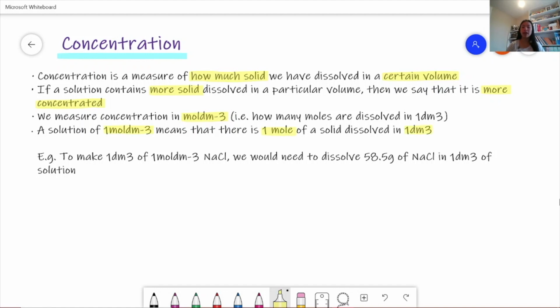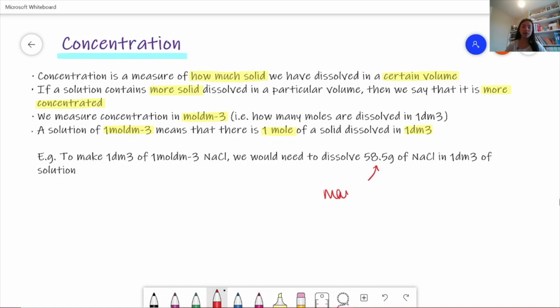So for example, to make 1 decimeters cubed of 1 mole per decimeters cubed of sodium chloride, we would need to dissolve 58.5 grams of sodium chloride in 1 decimeters cubed of solution. And how we know this is that this is the amount of grams in 1 mole of sodium chloride.